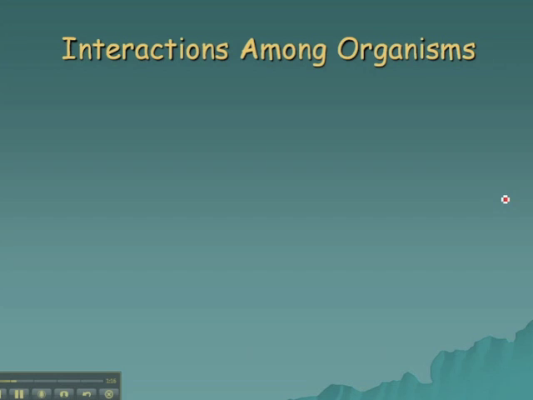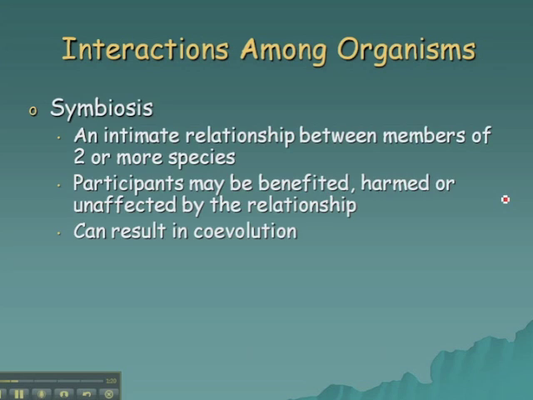Okay, so on to the next topic, which is interactions among organisms. So this is a general term, symbiosis, which basically means an intimate relationship between members of two or more species. So this is when species live together. This is not predation, because they don't live together when there's predation.